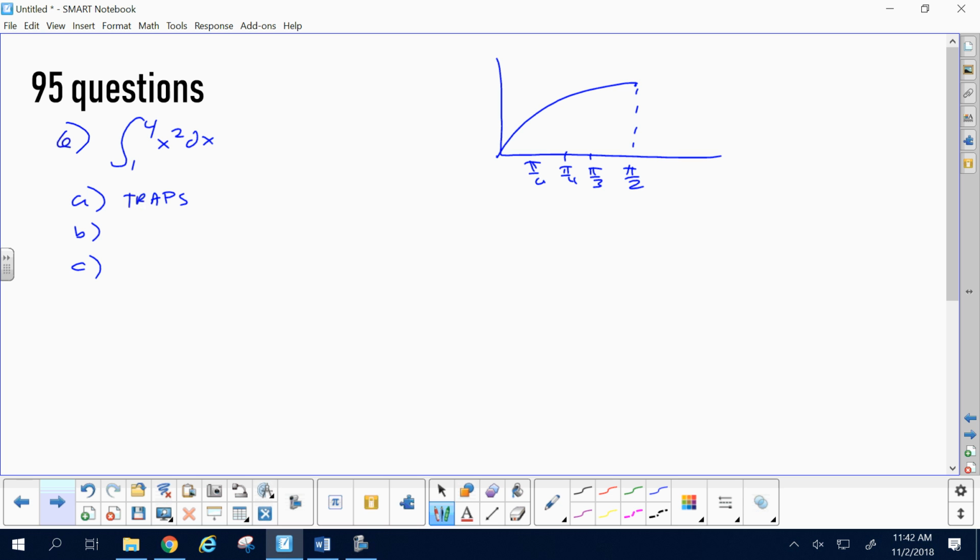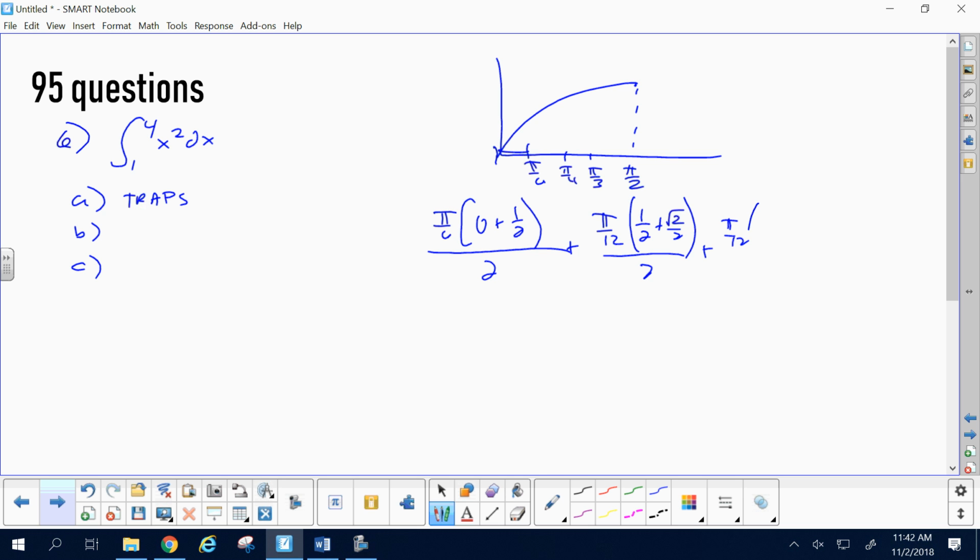So my first trap would be pi over 6 times 0 plus 1/2, plus pi over 12 times 1/2 plus root 2 over 2, plus pi over 12 times root 2 over 2 plus root 3 over 2, plus pi over 6 times root 3 over 2 plus 1. That's my answer. Is that what you got? Cool. All right.